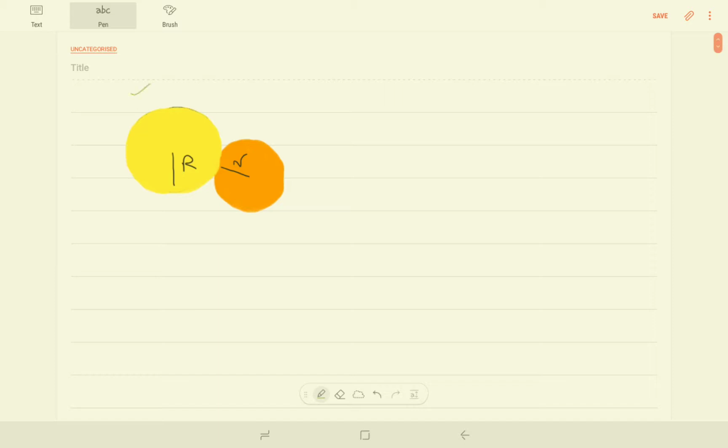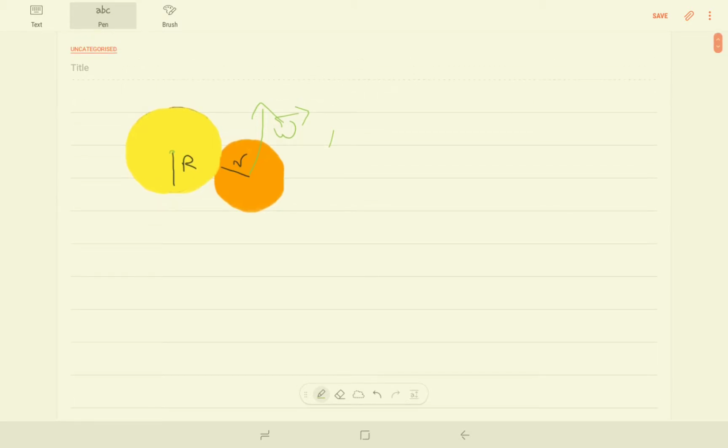Suppose this is our reference circle, and the center of the bigger circle is assumed to be constant. About that center, the smaller circle's center is rotating at a constant angular velocity, omega to be precise.